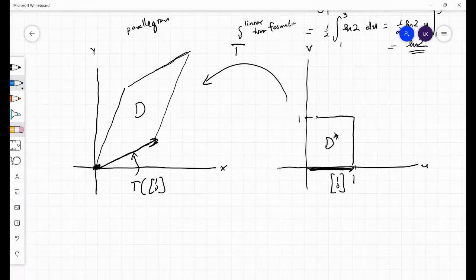Similarly, this other basis vector should become this vector in the xy plane. So this should be the transformation of (0, 1).